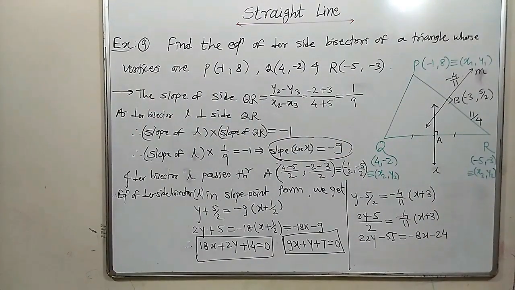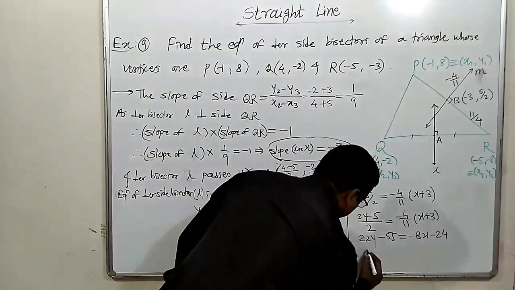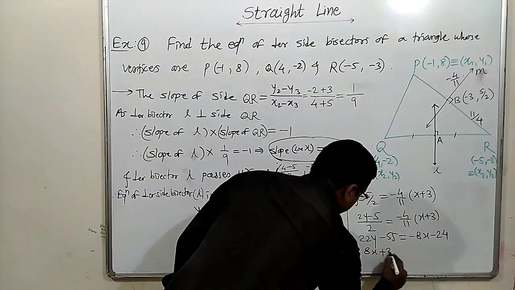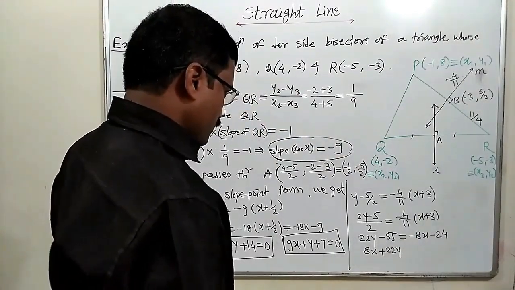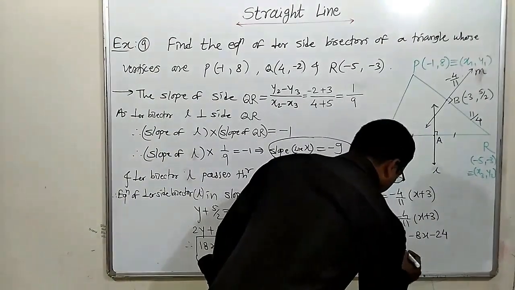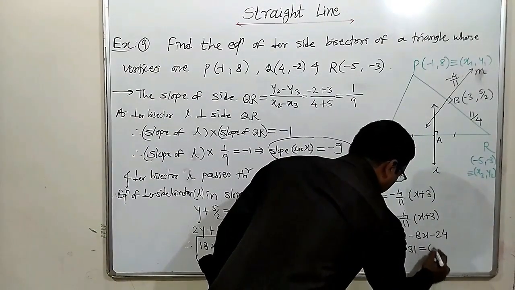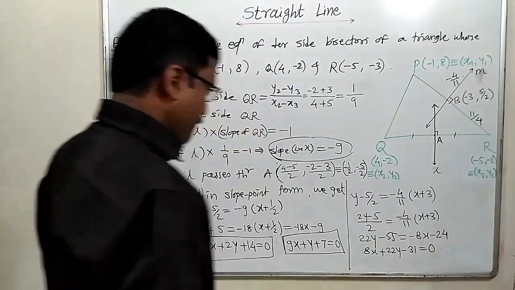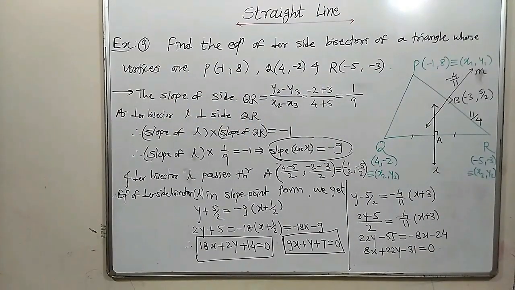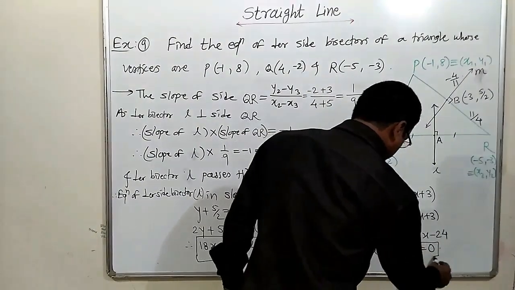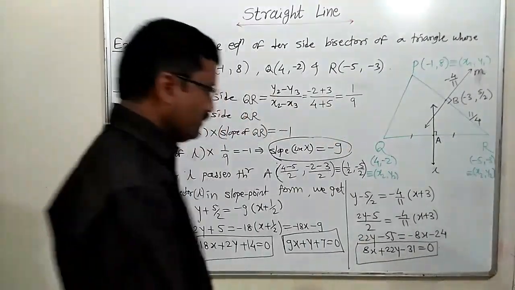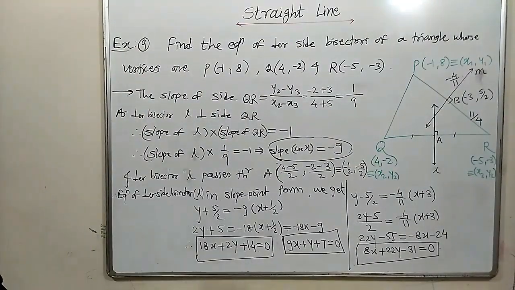Once again simplify, take the 8x to the left, it becomes positive, so 8x plus 22y, and this becomes plus 24, so minus 31 equals 0. So this will be the equation of the line. There will be no change, but you can't take any common number from all terms at a time.